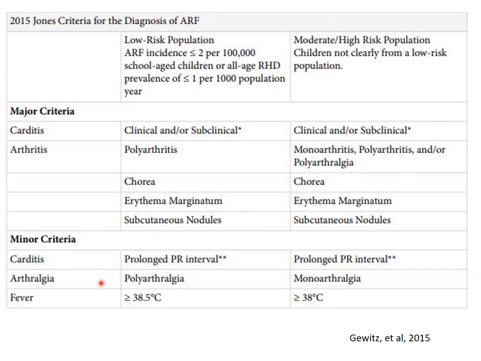The minor criteria are pretty much the same, except for in the arthralgia group, polyarthralgia is a minor criteria in the low-risk population, and monoarthralgia is a minor criteria in the high-risk population. Fever is equal to or more than 38.5 Celsius in the low-risk and 38 degrees Celsius in the high-risk population.